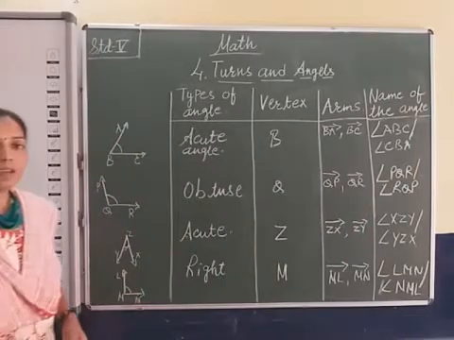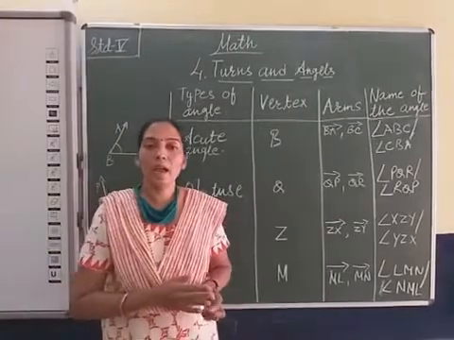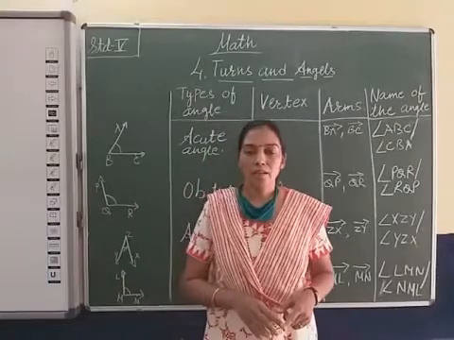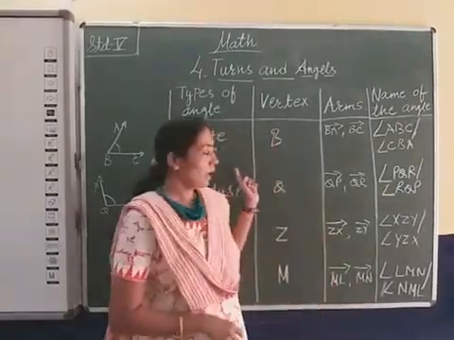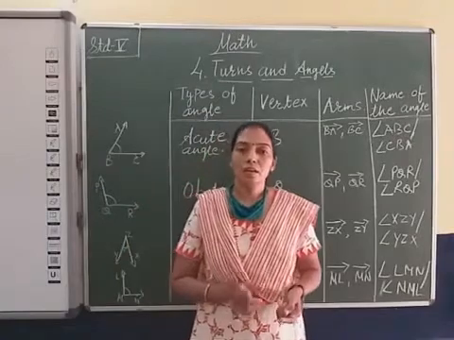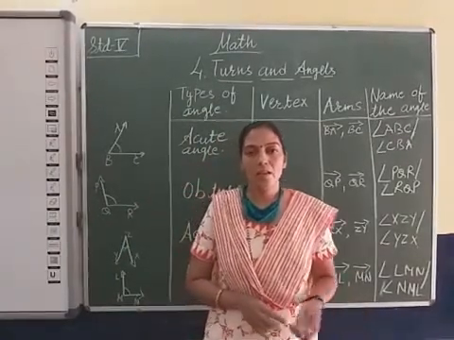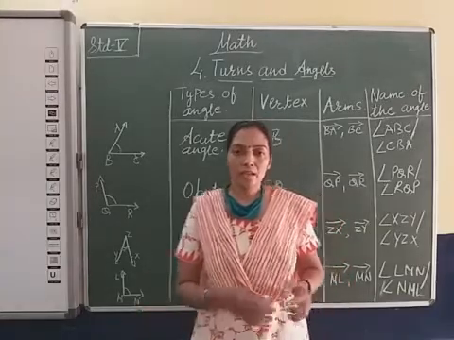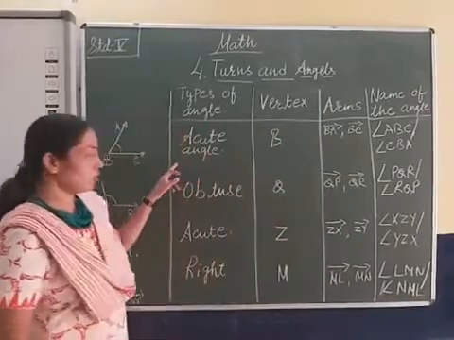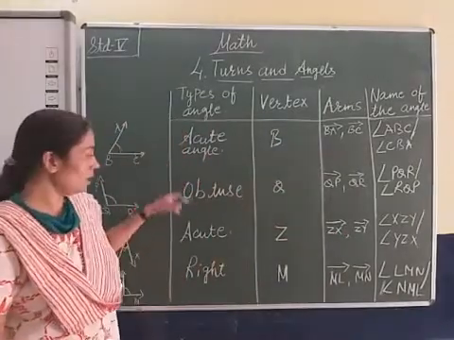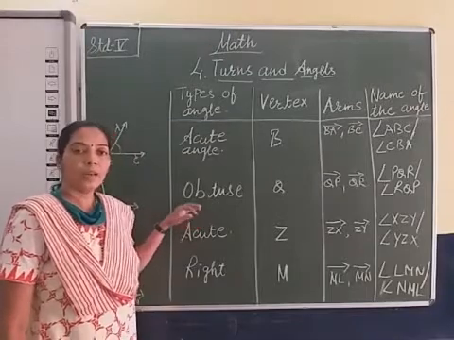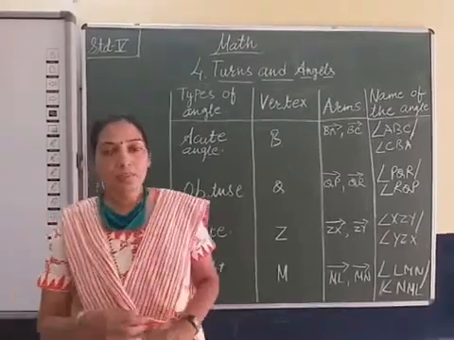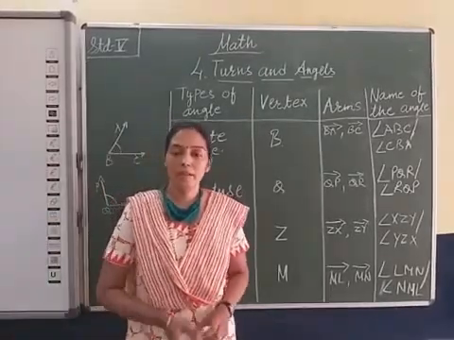Okay, so this way we see in this chapter how the angles are formed. Two rays or two lines meet at a point, that is called the vertex, and it forms the angle. Then we use the protractor to measure the angle, and if the degrees are less than 90, it is an acute angle, more than 90 degree is an obtuse angle, and the 90 degree angle is called a right angle, and a straight angle means it forms 180 degree.